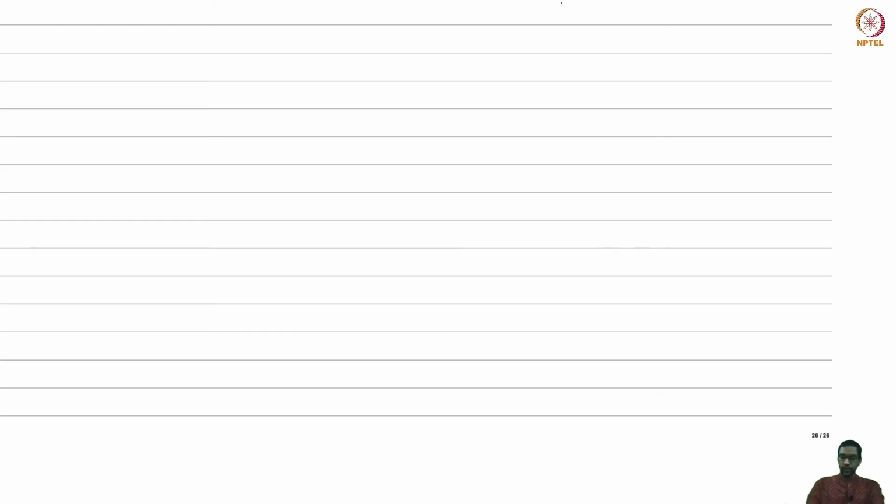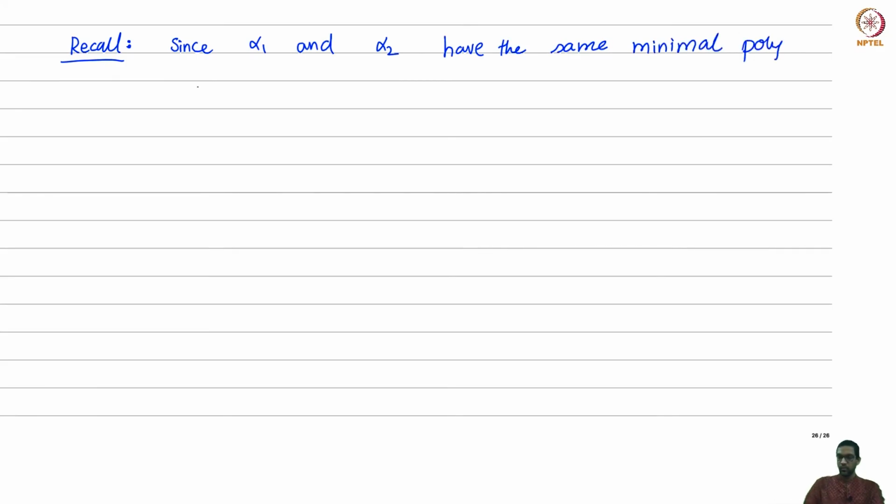So again, recall from the previous or initial discussions on symbolic adjunction of roots and so on, that since alpha 1 and alpha 2 are both roots, they both have the same minimal polynomial over F. Because what is the minimal polynomial?